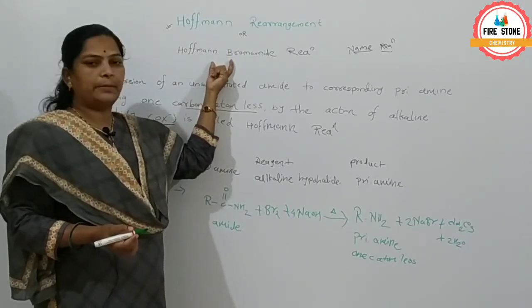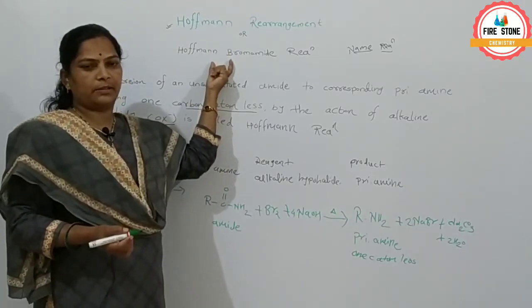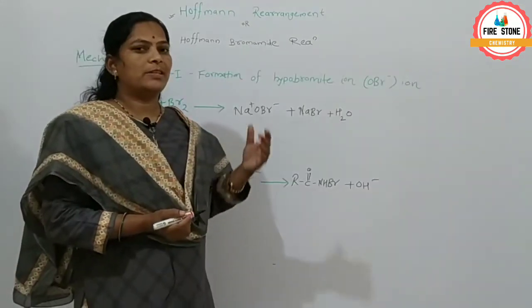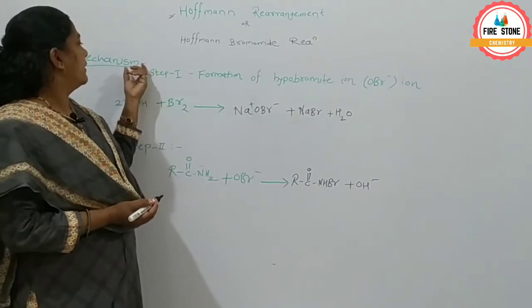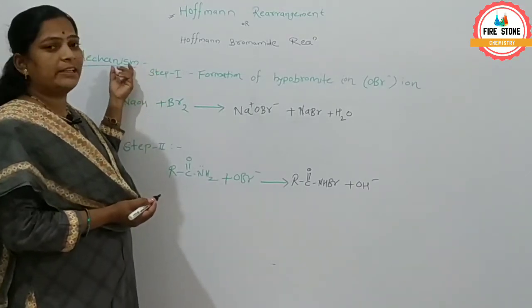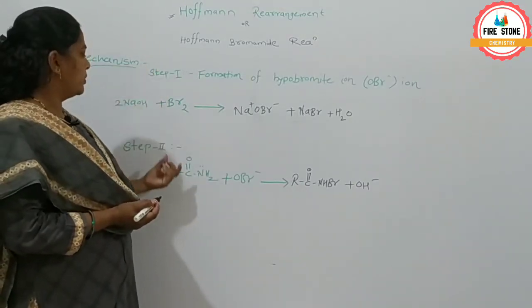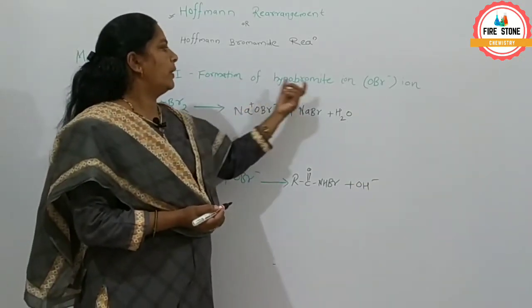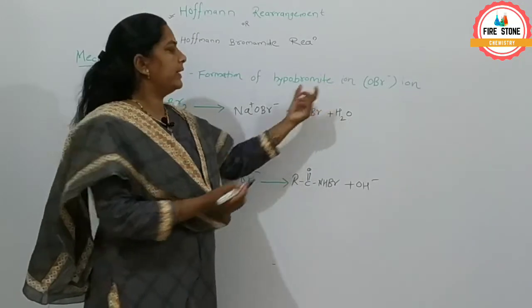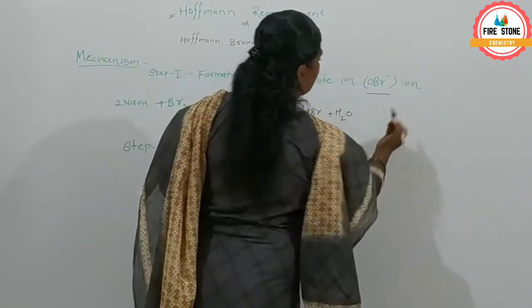Next we see the mechanism of this reaction. The mechanism is in 5 steps. In the first step there is formation of hypobromite ion, that is OBr minus ion.